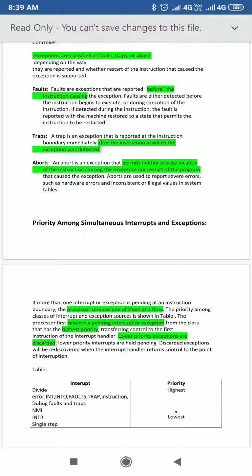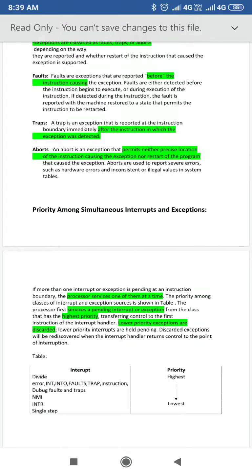And the last type of exception is the abort. What is an abort? These are exceptions which do not permit the precise location of the instruction causing the exception to be determined.